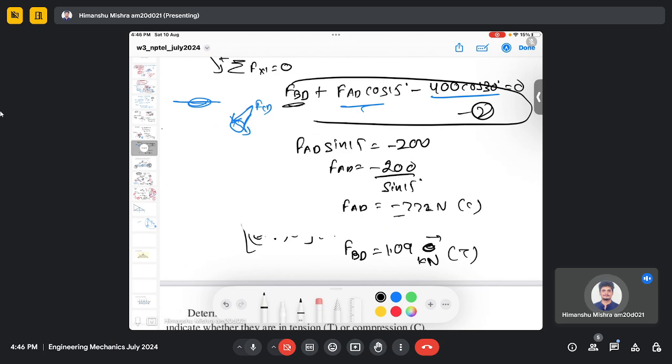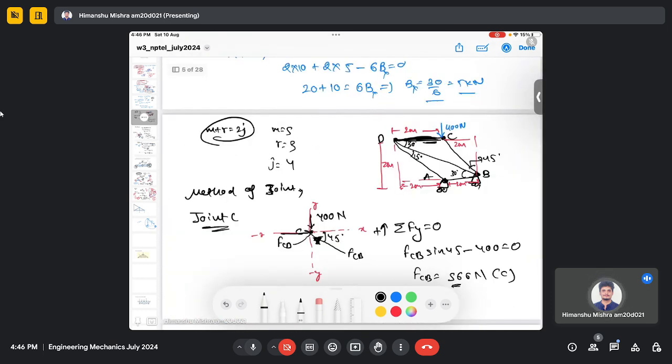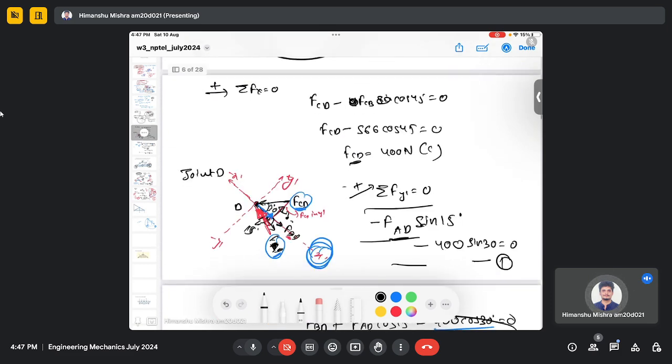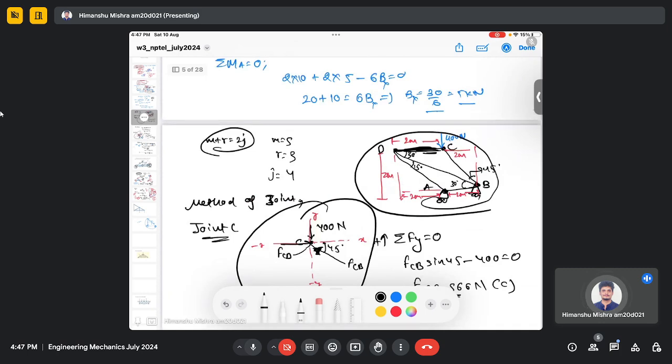The point of this question is that it's a regular truss problem, and we need to use the method of joints. But we saw that if we change the coordinate system from the regular one, the x and y axes you have seen in many books, to this one, x dash and y dash, you can simplify the mathematical analysis.